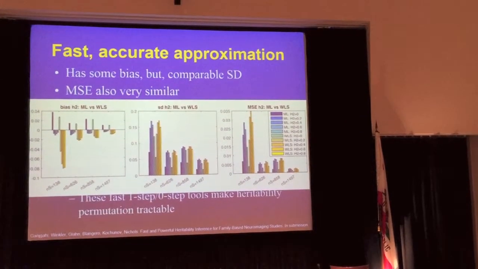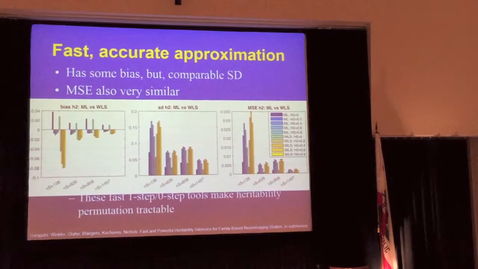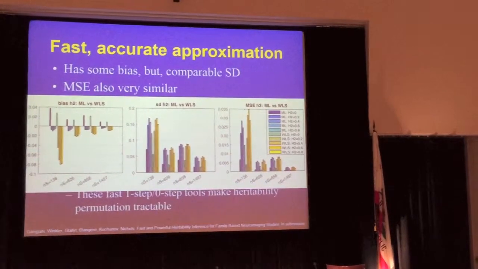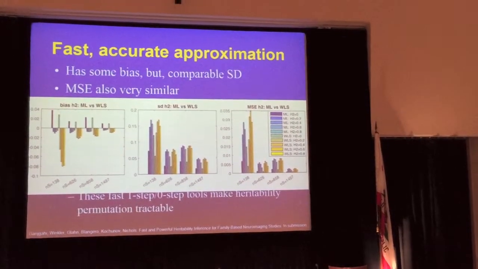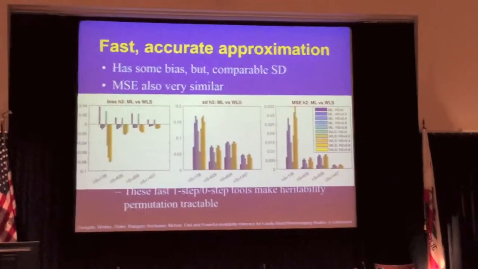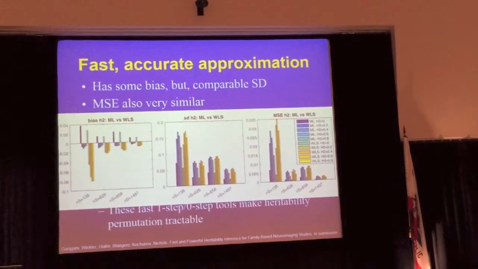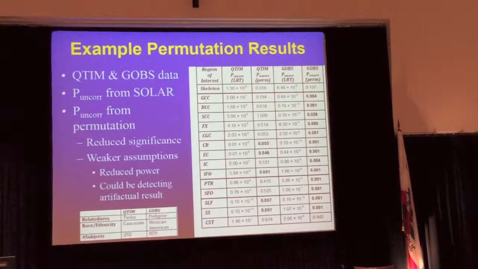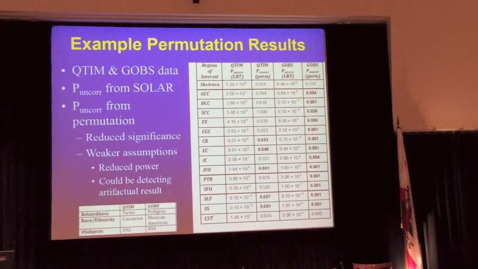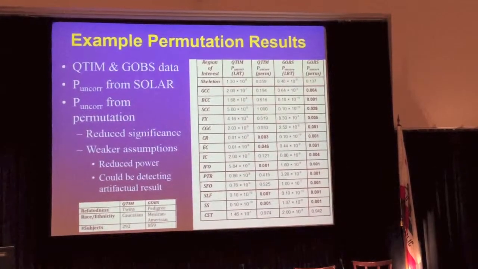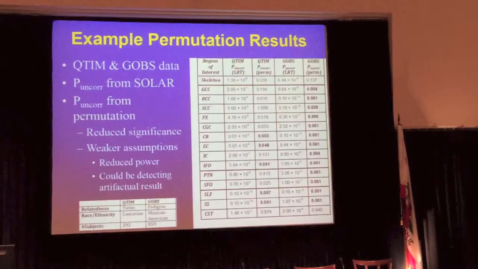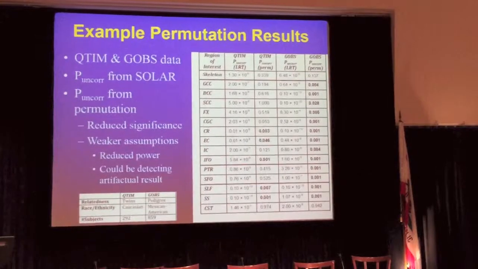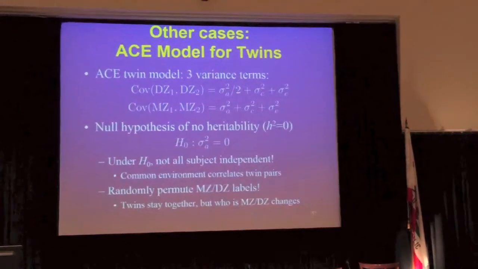But what we basically have is a very fast and very accurate approximation that has some bias, but it actually produces very comparable standard deviation, as well as mean square error. And we have tried it on real genetic data, and we can get acceleration of up to 1,000,000-fold and get very reliable estimates of heritability.